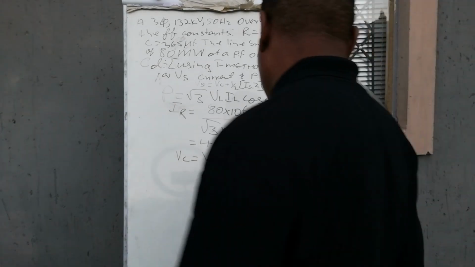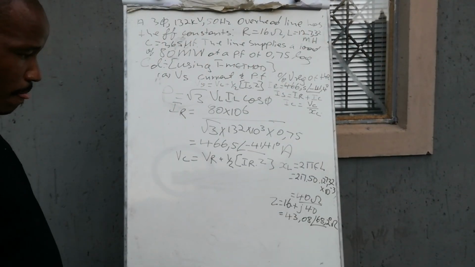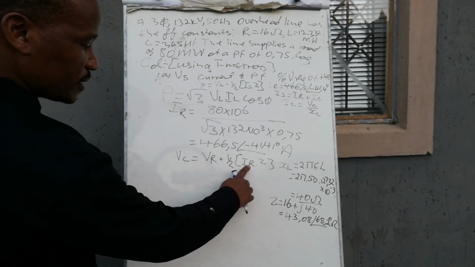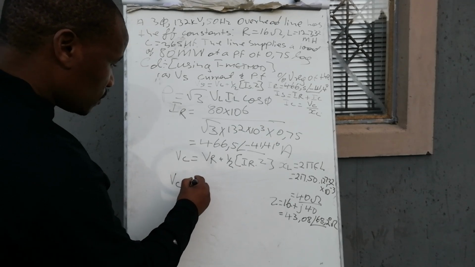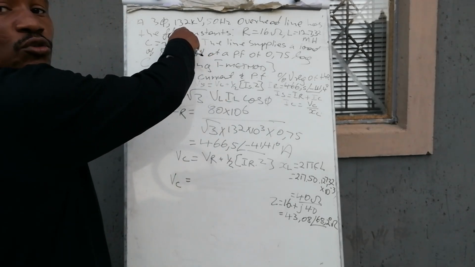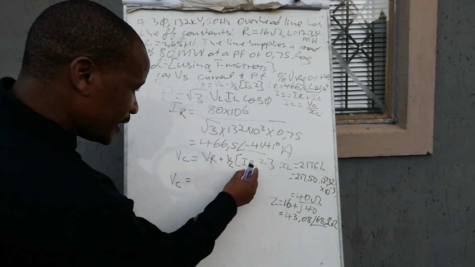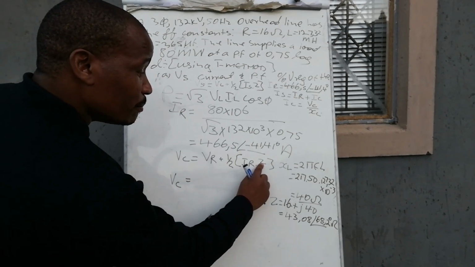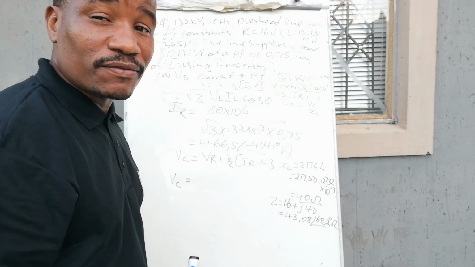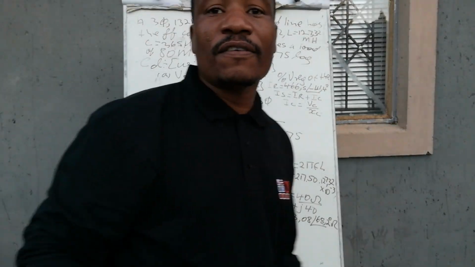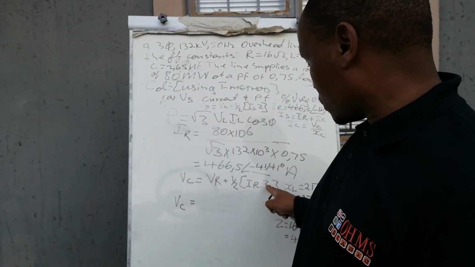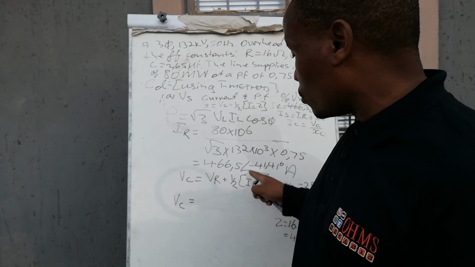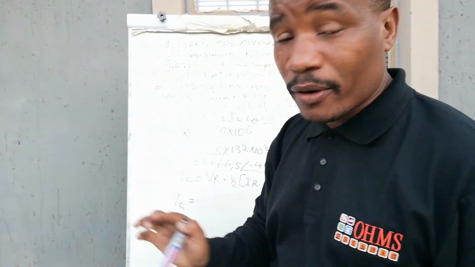Now that we've got the impedance, we have to calculate what? We've got this, we've got that, so we can find VC. Therefore, VC is equal to this 132, where there is current and impedance, you always work in phase values, if there is no statement that says a delta or a star. But there is impedance and then there is current, so you always convert to phase values.